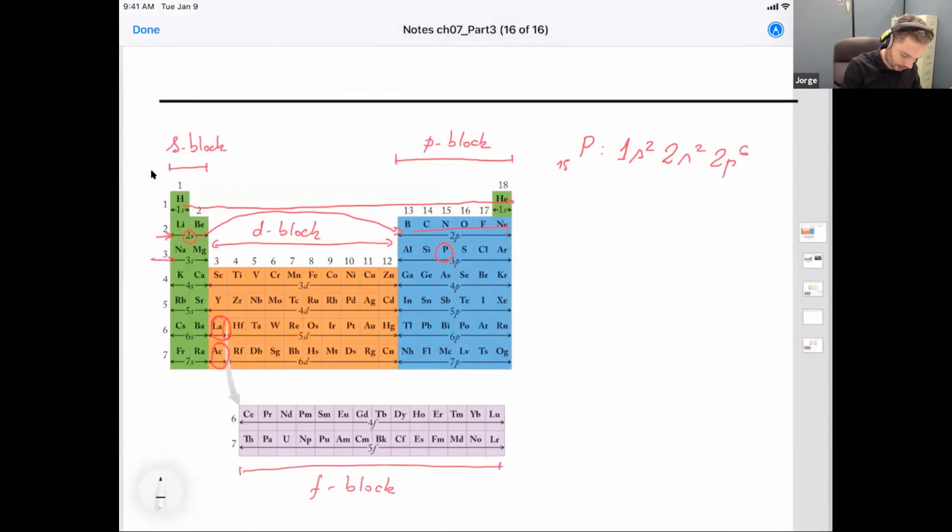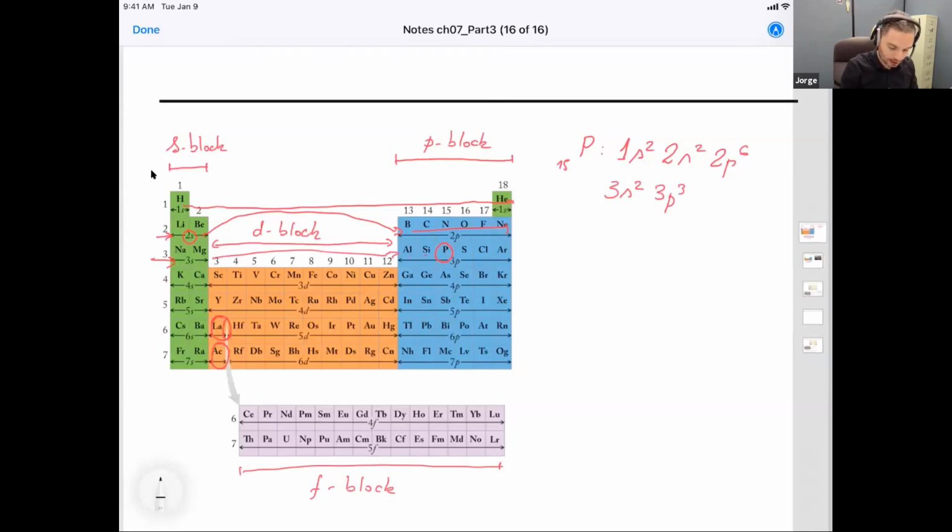Then move on to the next row. We have to fill the 3s2, jump here to aluminum. That's going to be 3p1, 3p2, and 3p3. And that's how you get the electron configuration. So you move along the periodic table, filling the shells and subshells till you get to the element that you wish to do.